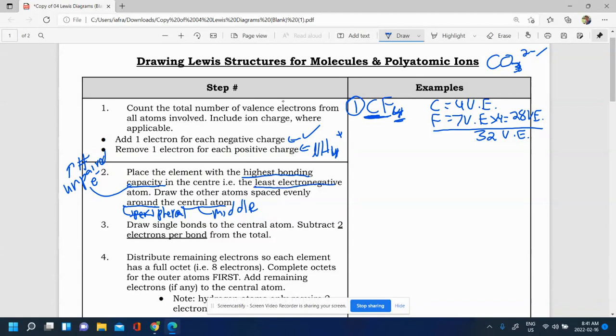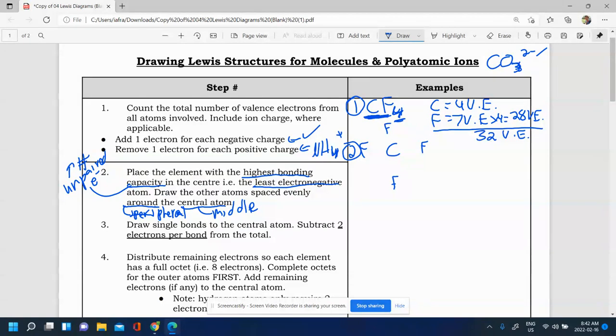That's usually how it's going to be. It might not always be like that, but typically that's how it is. But in this case, it's pretty straightforward. We just see carbon is the only carbon there, so that's probably going to be in the middle, and all the other atoms are going to be placed around the carbon, evenly around it. So we'll put C, F, F, F, and F.